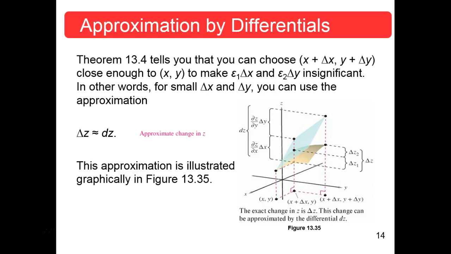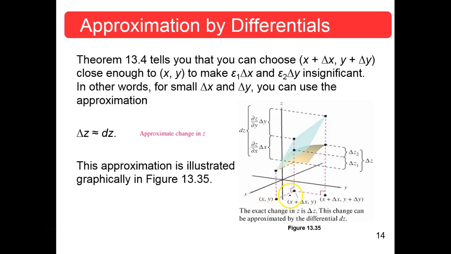All right, now here is your point x, y, f of x, y, up here. And there, the 2 points coincide. The plane and the curve itself, they coincide there. Okay, here's x plus delta x, y.